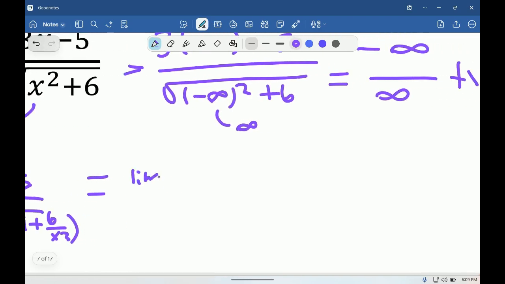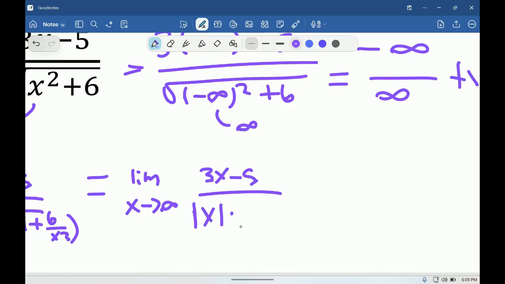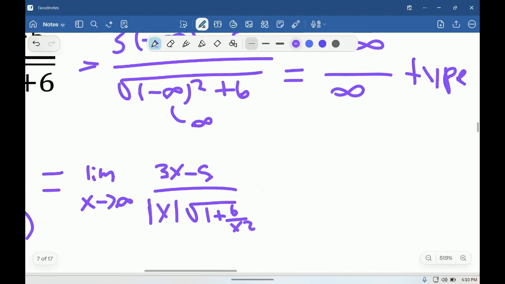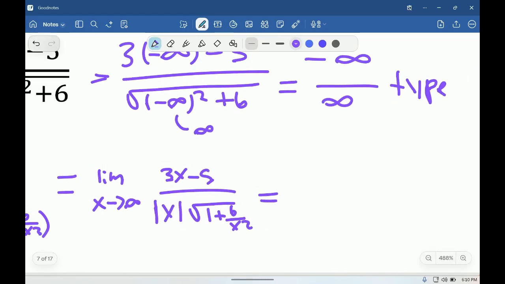Then we're going to simplify it by taking the x out of the square root, keeping in the 6 over x squared, and it becomes positive because anything coming out of the square root has to be an absolute value. And then we're going to simplify that.